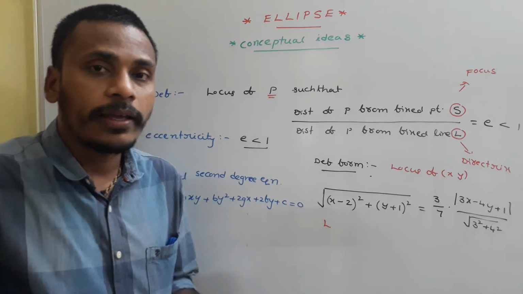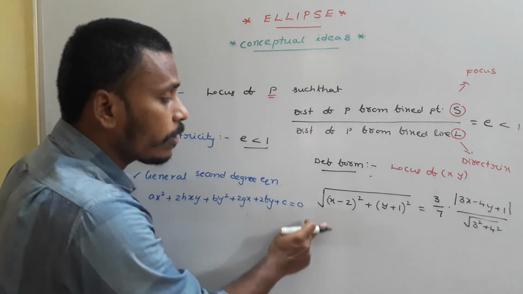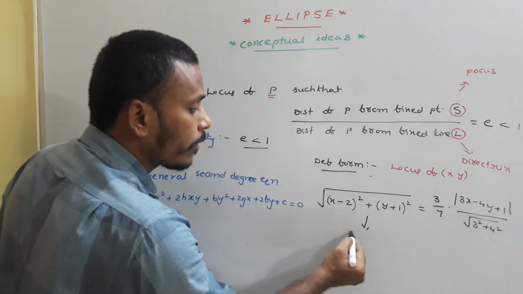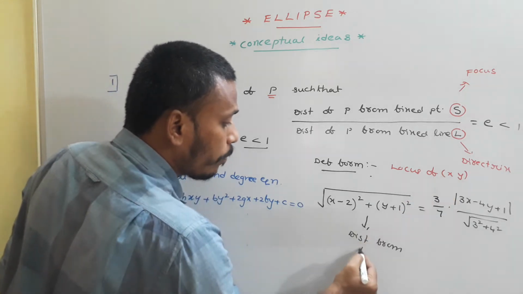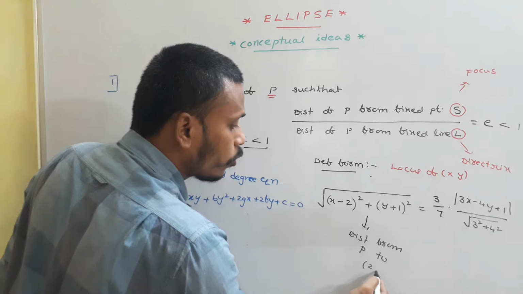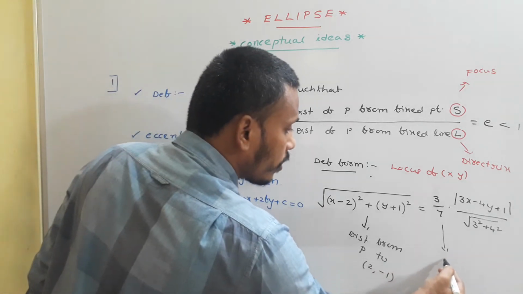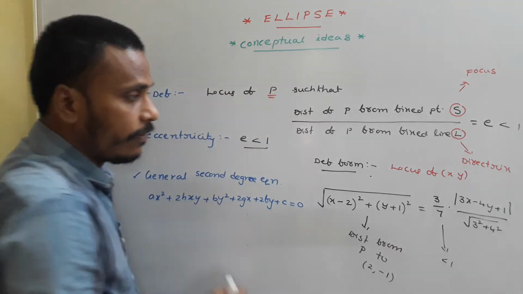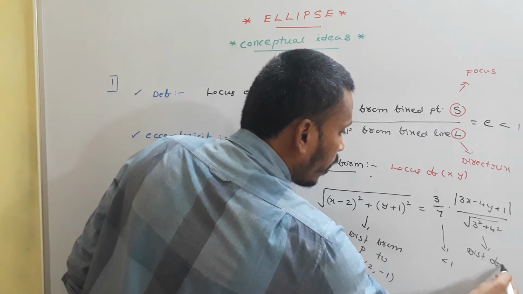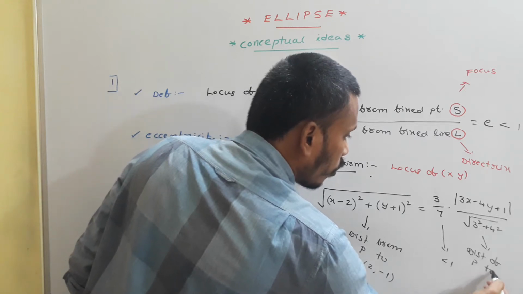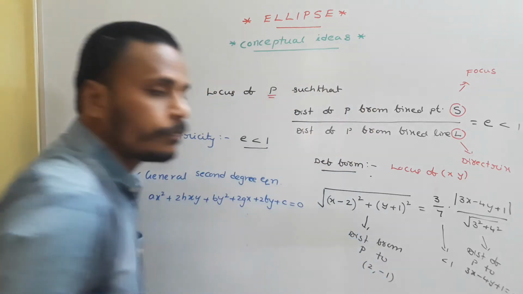If you observe very carefully, the square root of (x minus 2) whole square plus (y plus 1) whole square is nothing but the distance from the point P(x, y) to the point (2, minus 1). It equals 3/7, a number which is less than 1, times the distance of point P to the line 3x minus 4y plus 1 equals 0.